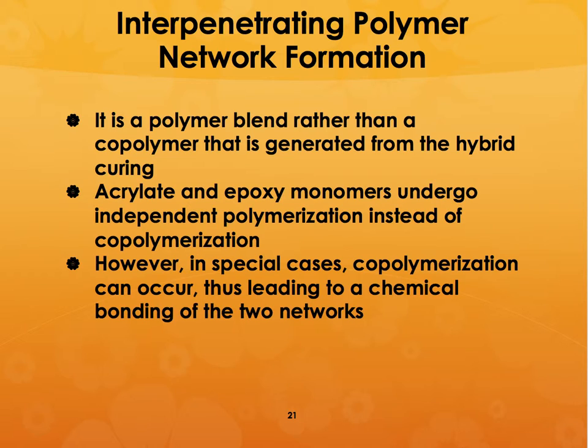It is not a copolymer, please remember that, but it is a polymer blend that is generated from the hybrid curing. Both the acrylate and the epoxy monomers would undergo independent polymerization instead of joining together. But both are present with each other and they help to reduce the amount of shrinkage and the residual stress.